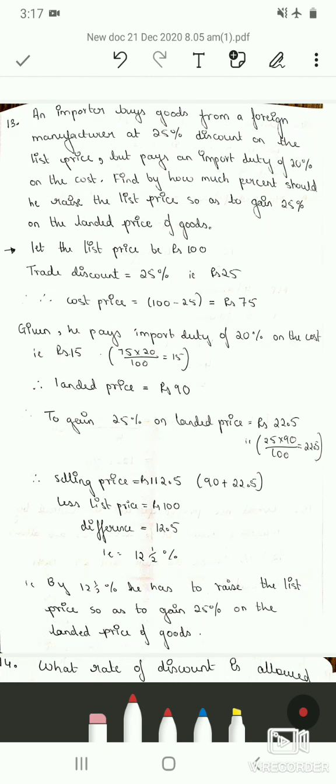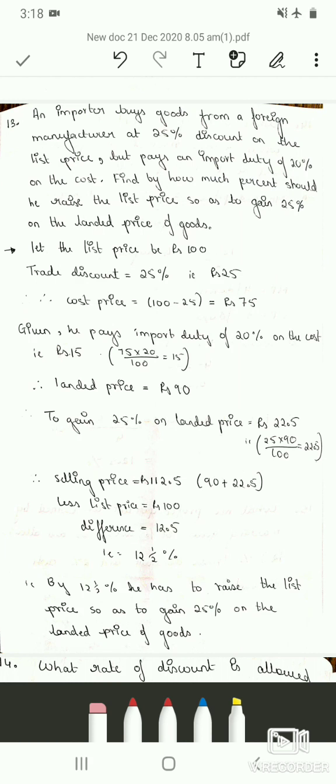So therefore 20% of 75 is nothing but rupees 15. So that is 75 into 20 divided by 100 is 15 rupees. Therefore the landed price is 75 plus 15, which is 90 rupees. So this is the final landed price, that is 90 rupees.